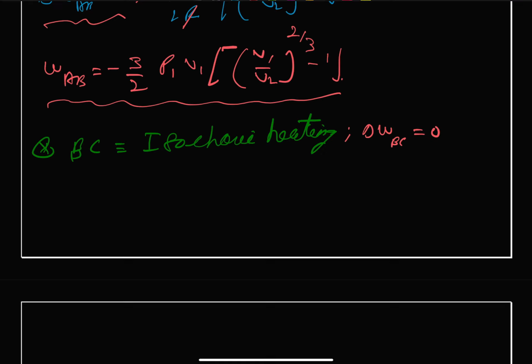Thus we can write that the heat supplied for our BC will be used entirely in the change in internal energy, and this we can write as n Cv, and the temperature is, suppose, T3, minus T2.